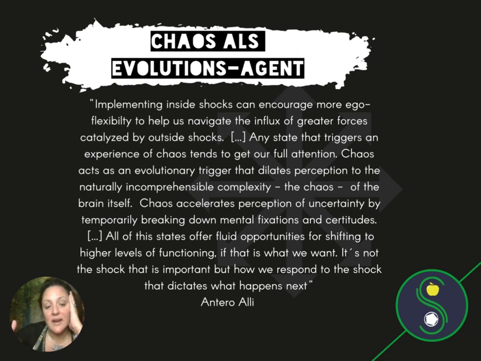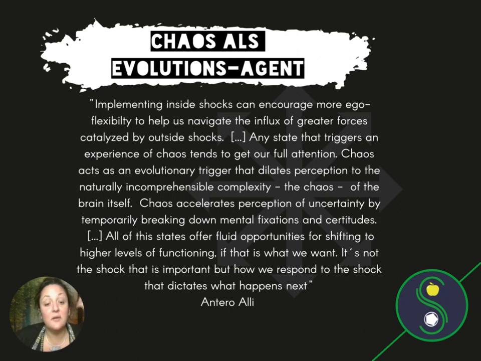Continuing the quote: "Chaos acts as an evolutionary trigger that dilates the perception to the naturally incomprehensible complexity, the chaos of the brain itself." So it dilates the perception of the chaotic nature of the brain itself.